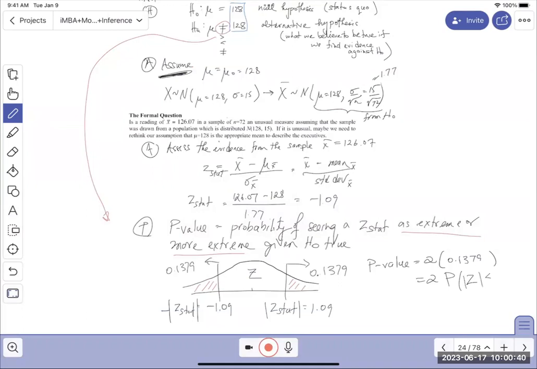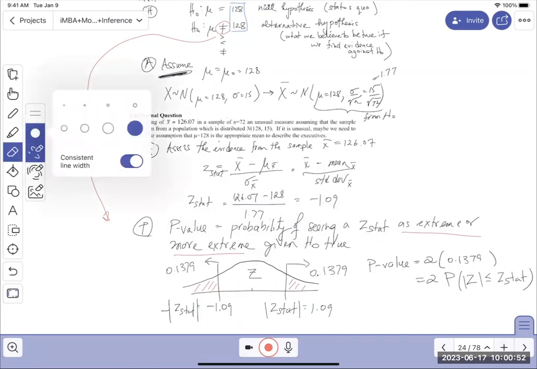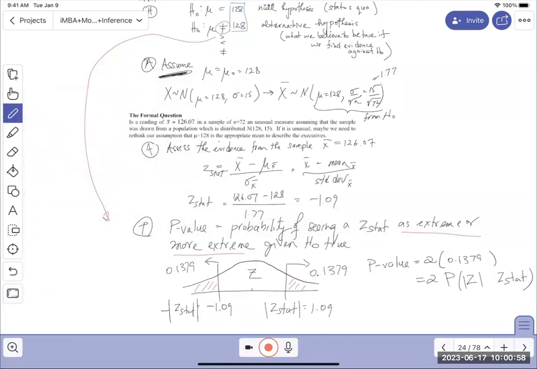And I write it in symbols and I say 2 times the probability that Z, I think I did this, something like that, right? Or put the other way. So I want to check in the tails, in other words, positive and negative of the Z stat.